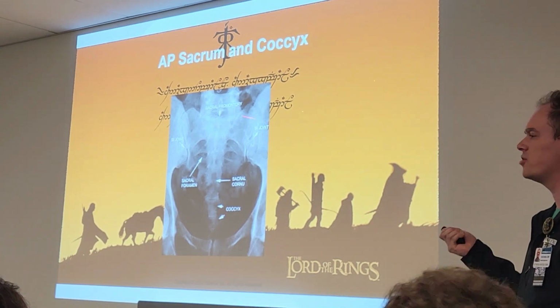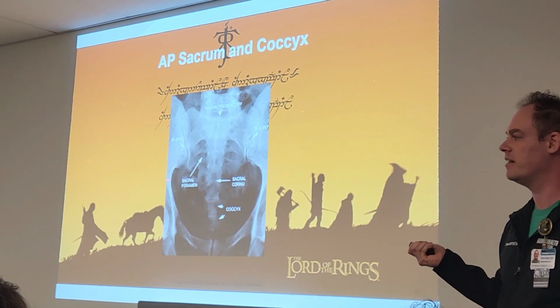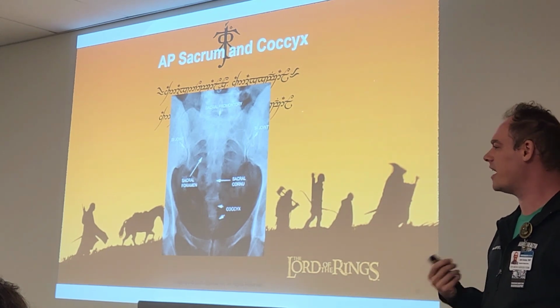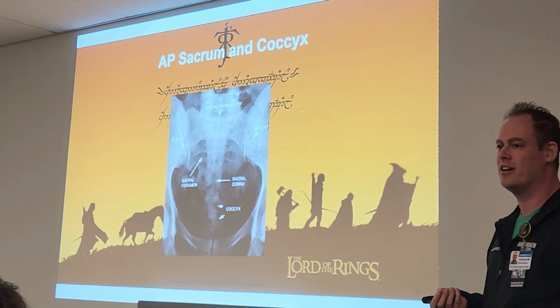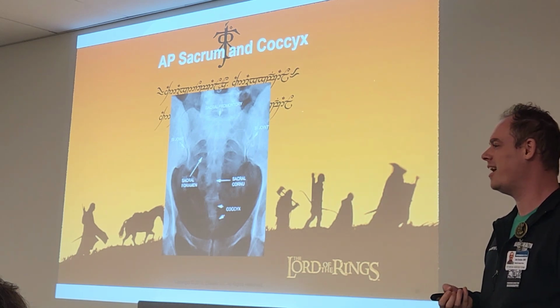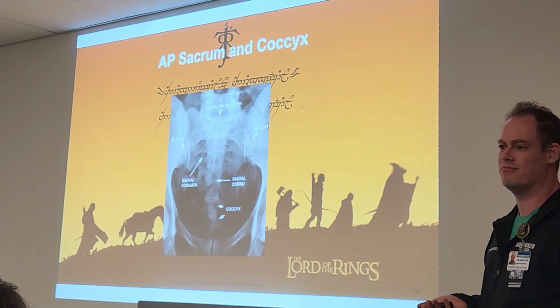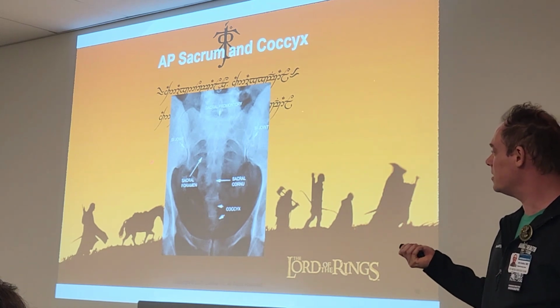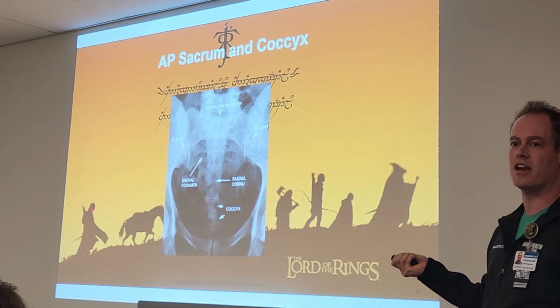These x-rays are notoriously kind of ugly if you've ever done them in clinic. Usually because, believe it or not, a lot of people come in for sacrum and coccyx x-rays saying they have pain in the area, but they actually just have a lot of gas and constipation. They're just really backed up. You think about the large intestine, the sigmoid and rectum is in this area as well.